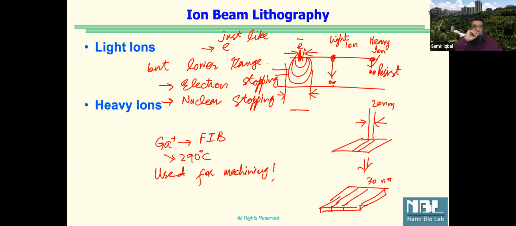So another thing we do with ion beams, and it's very common now, is use ion beams to machine at nanoscale. When you do machining, you make, I don't know, a rotor or whatever you want in bigger things.